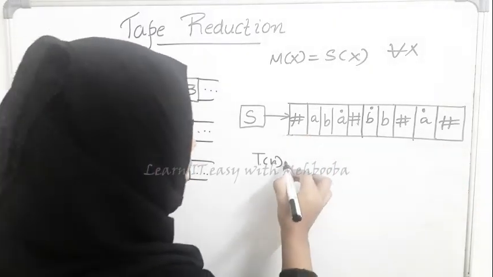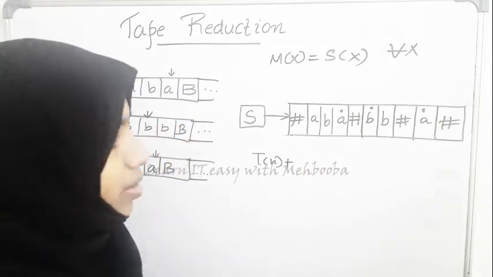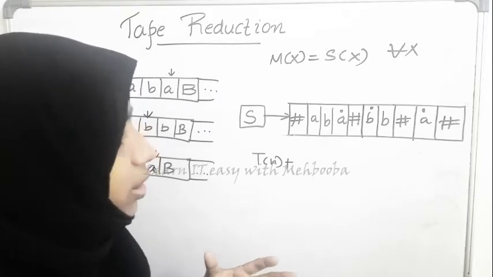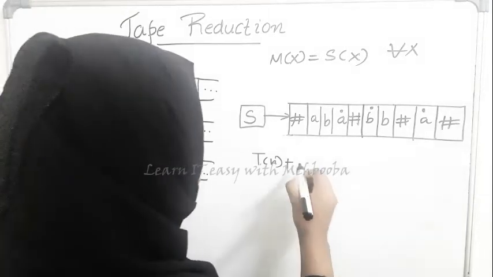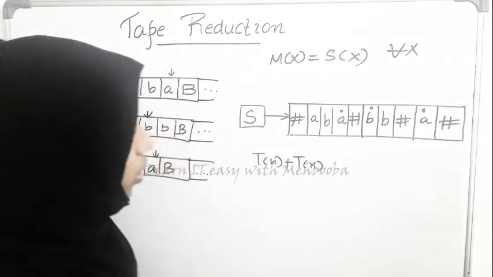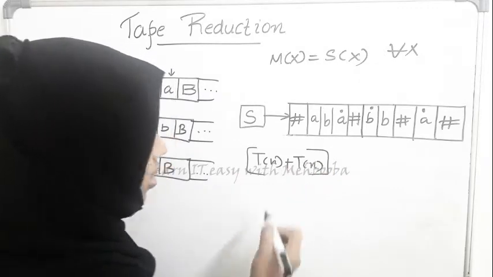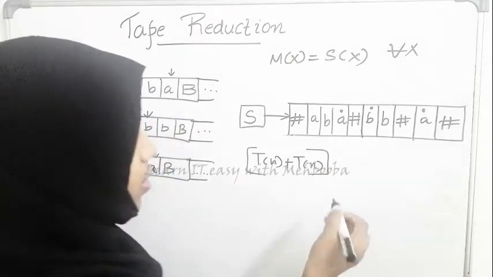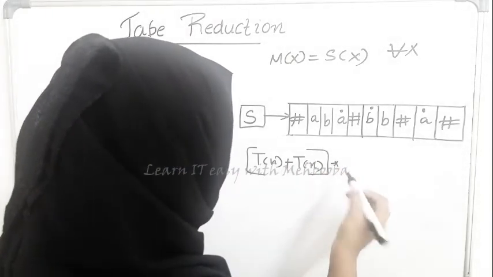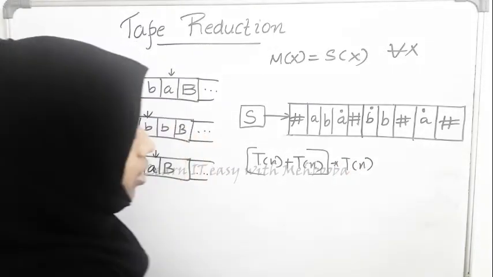Now it will have to scan once again to understand the tape heads, to understand what each tape head is currently pointing to. For that it will take T of n time again. Now once it understands the symbols and tape heads, it has to perform the necessary operation, which may take T of n time at most.